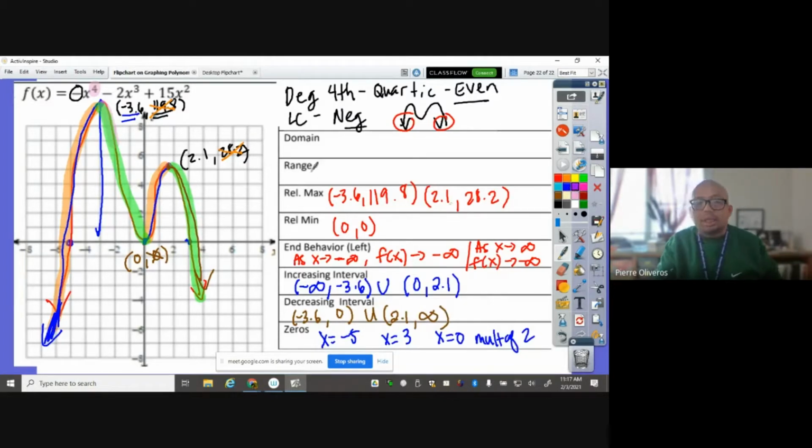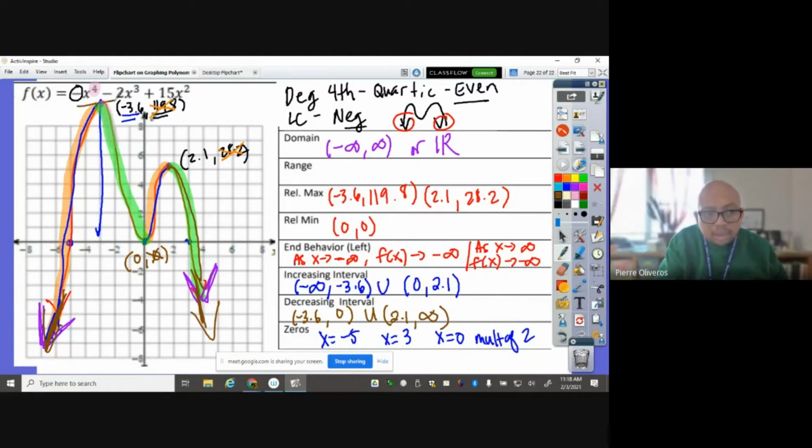And last one here, for our domain, since we have a graph on the left side and a graph on the right side, our domain goes from left to right, from -infinity to +infinity, or all real numbers. The range here is going to be different. It's not all real numbers because we have a graph only in the lower portion of the y. What's the highest point of the graph here?